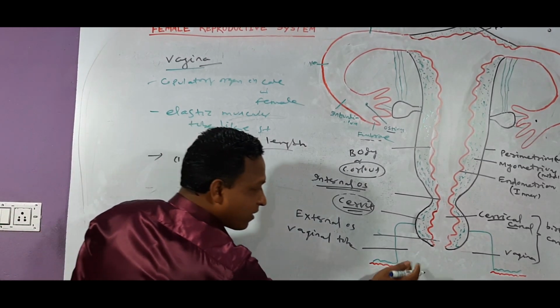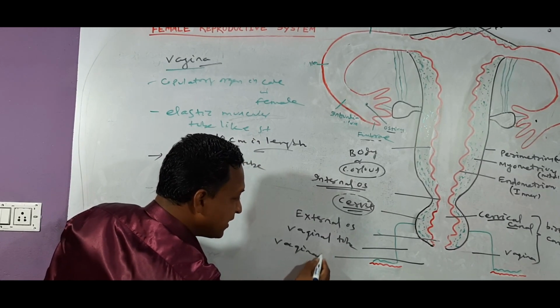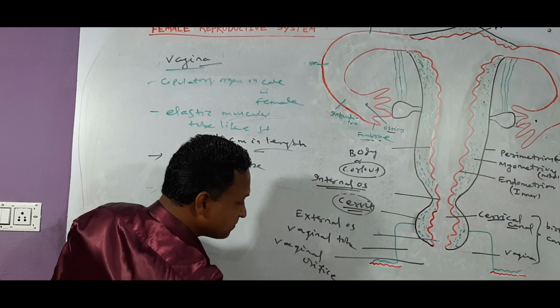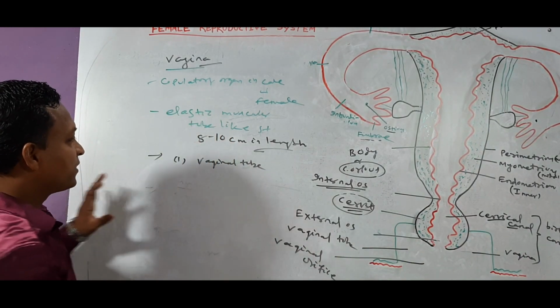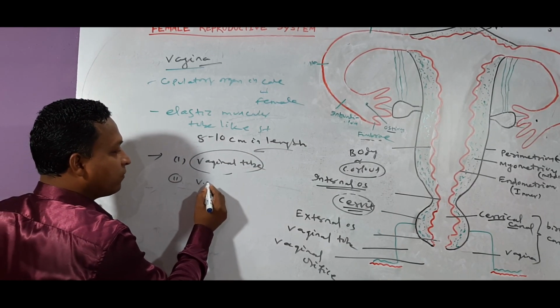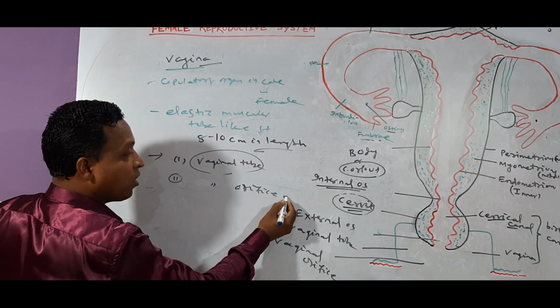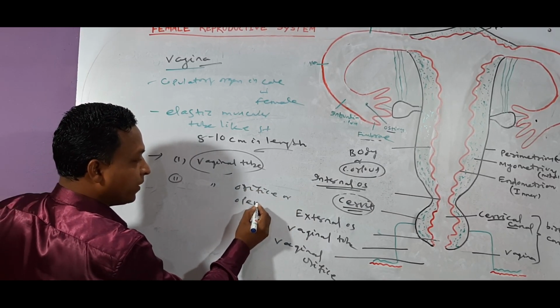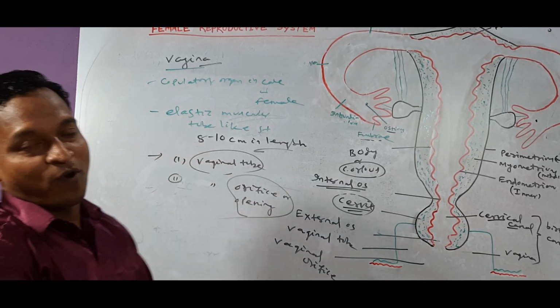And the second one is called the vaginal orifice or opening. The vaginal opening. It is divided into two parts: one is called vaginal tube and the next one is called vaginal orifice or opening. So this is the basic fundamental.